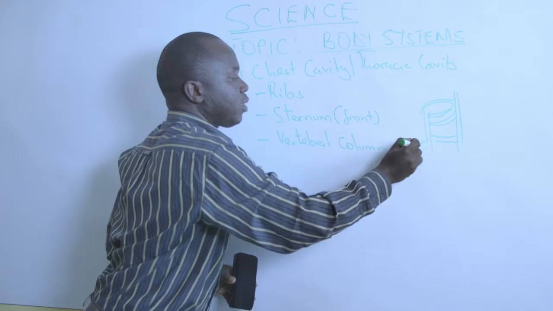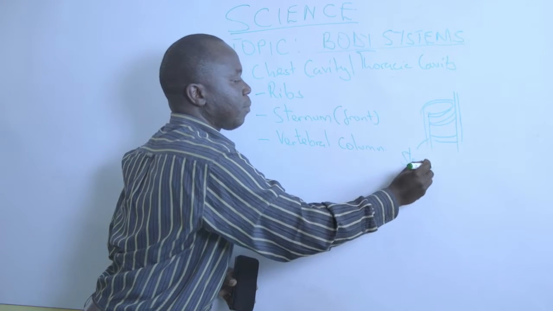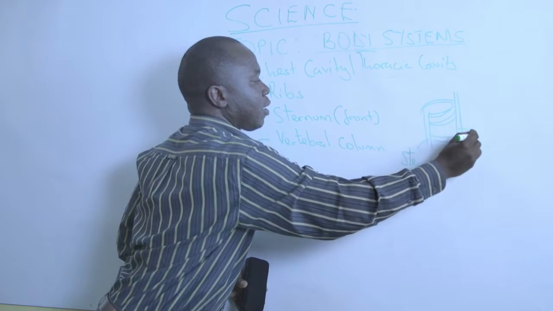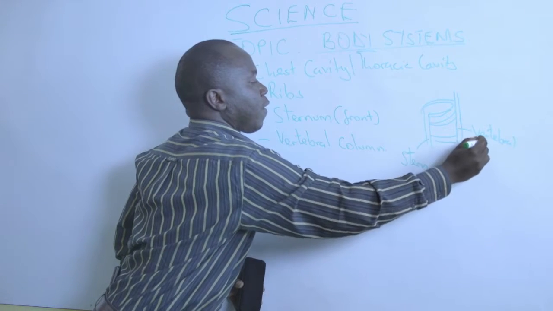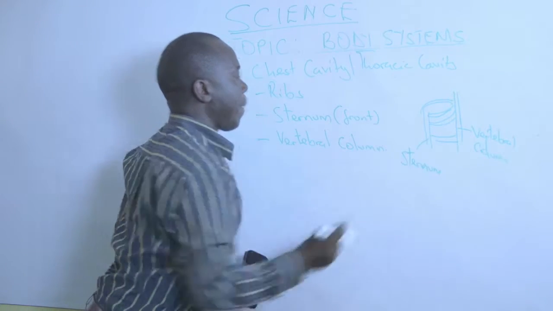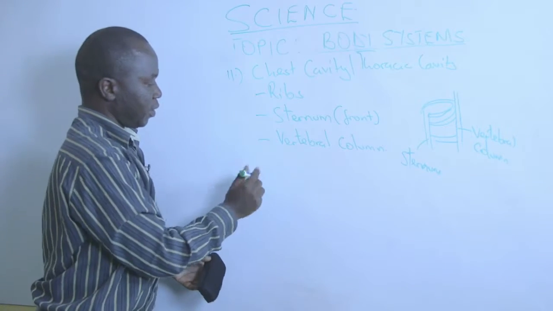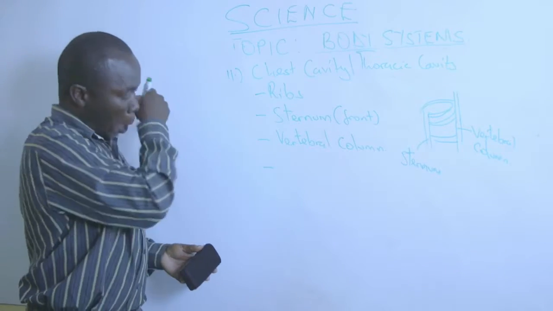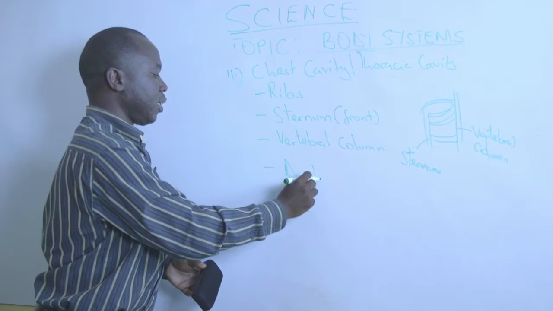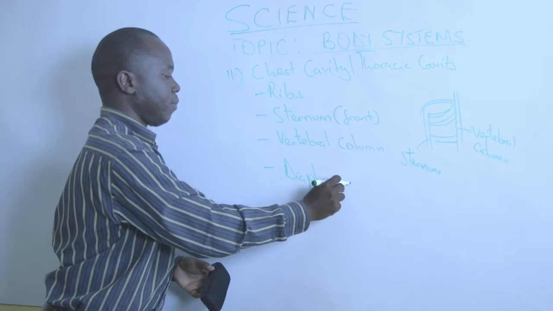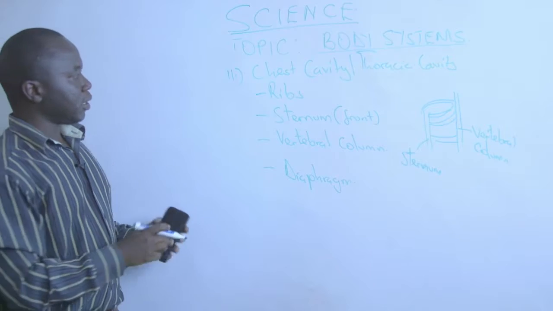If this is the front side, we shall call this one the sternum. At the back, we have the vertebral column. But below the chest cavity, we have a sheet of muscle called the diaphragm. So these are the structures that make the chest cavity.